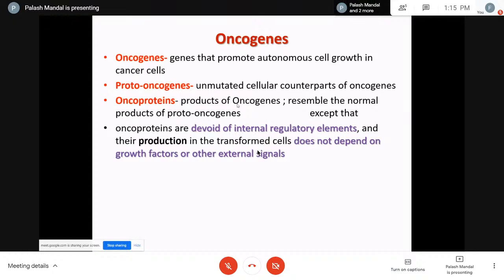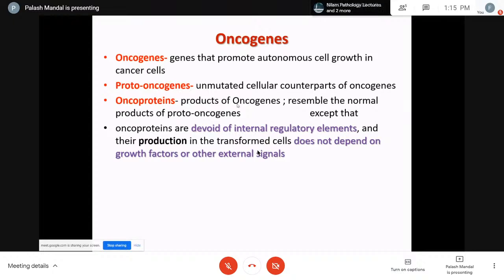Okay, so now since we are discussing oncogenesis, these oncoproteins are the product of oncogenes. Oncogenes are already mutated proto-oncogenes. So they are the product of mutated proto-oncogenes, and they do what?